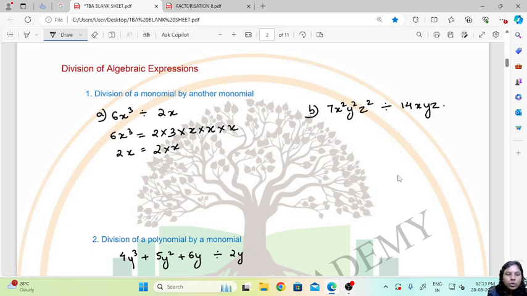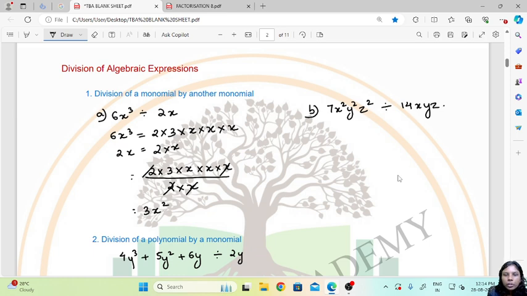Now these two in factor form we have to divide: 2 into 3 into x into x into x upon 2 into x. Cancel out this x, and this 2 and this 2 get cancelled. So we have 3x square. This is how we do division.